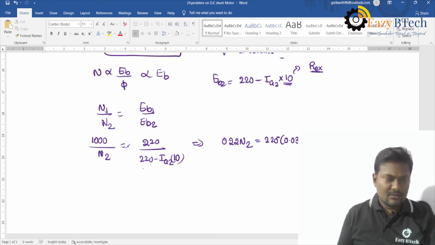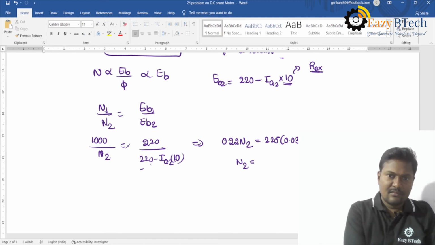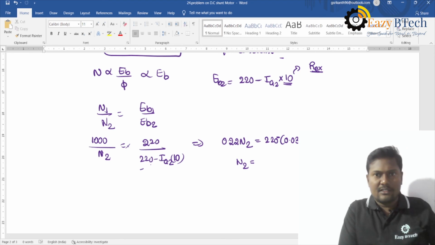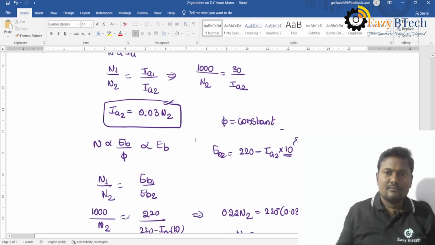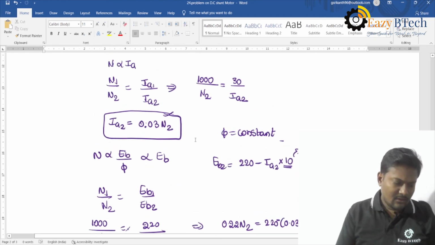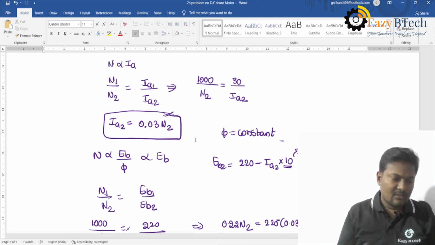Substituting here, 30 divided by 1000 is equal to 0.03.